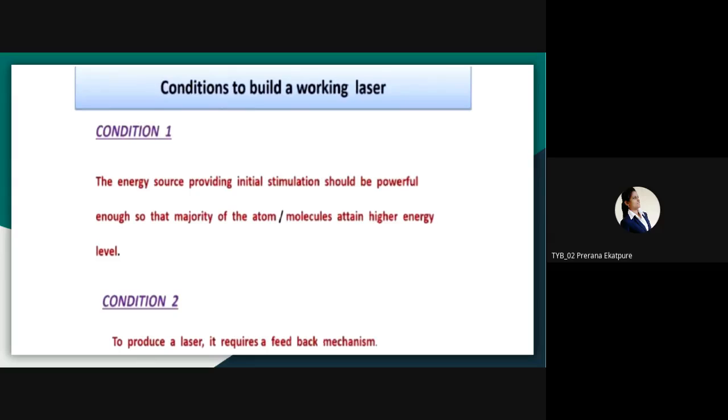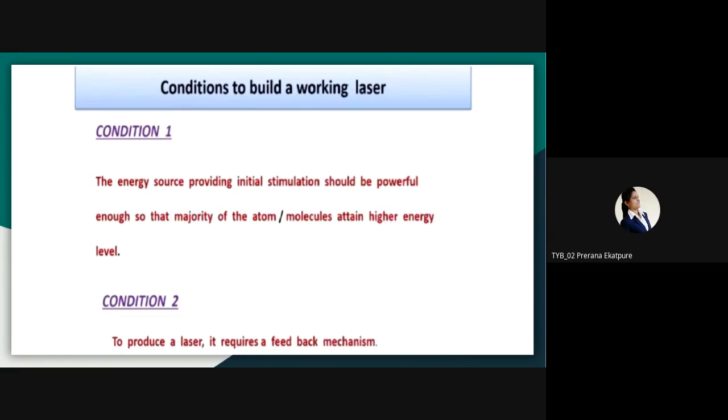If the majority of atoms are not in that higher energy state, it will not generate the photons. The photon generation happens while the atoms are coming back to the lower level.